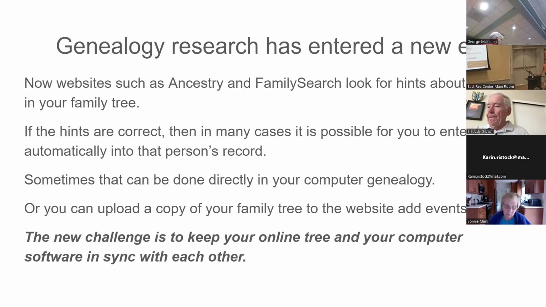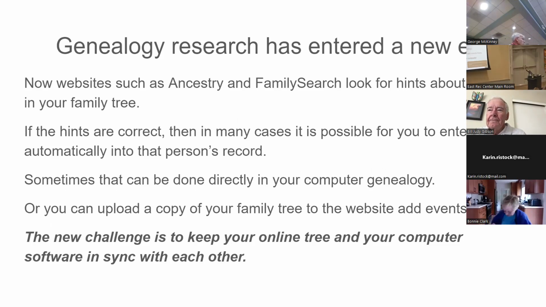Now, these websites are offering hints. They'll look at your computer program or your family tree on the website, and they'll say, I think I found a piece of information about that person. Would you like to see it? So suddenly you see a hint that says, I think I found this person in the 1950 census.